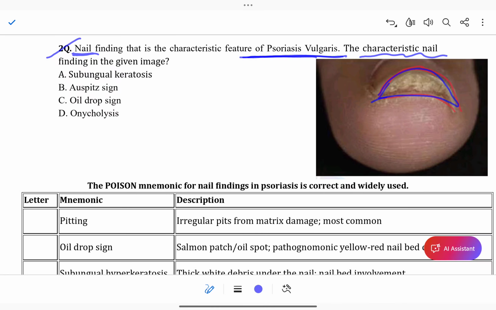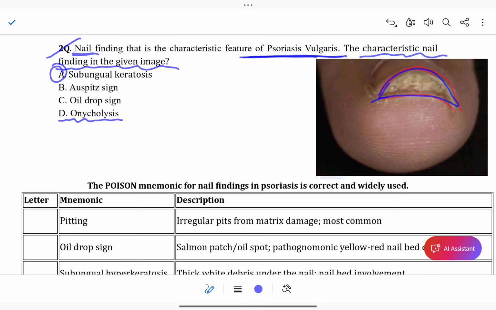The characteristic nail finding in the given image is? Option A, subungual keratosis. B, Hospit sign. C, oil drop sign. And D, onycholysis. What will be the option?